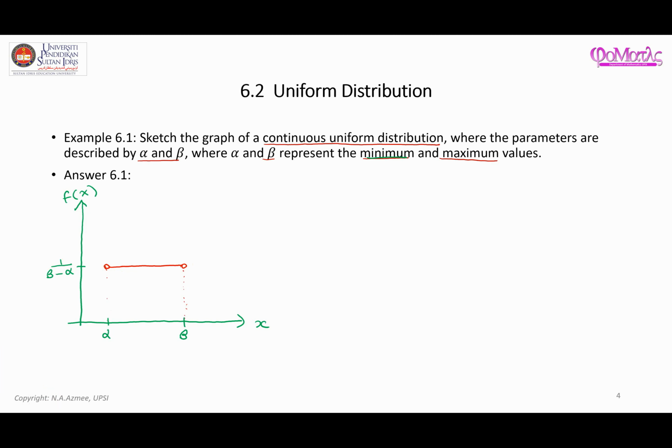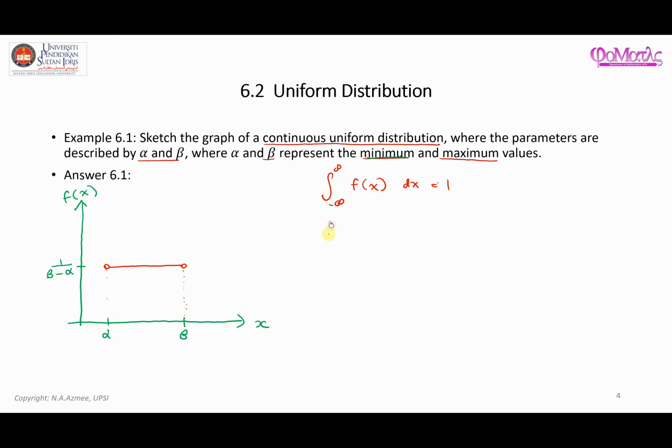Now of course, if you integrate the probability density function from negative infinity to infinity, the result is going to be equal to 1.